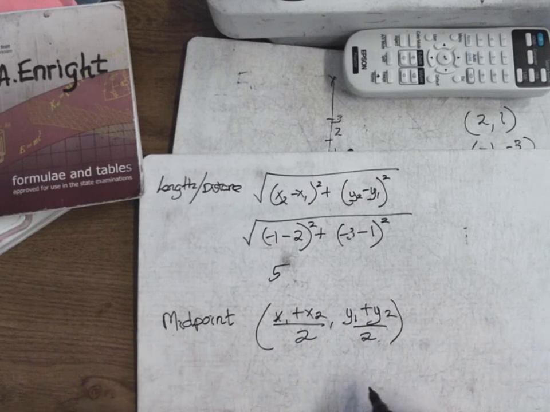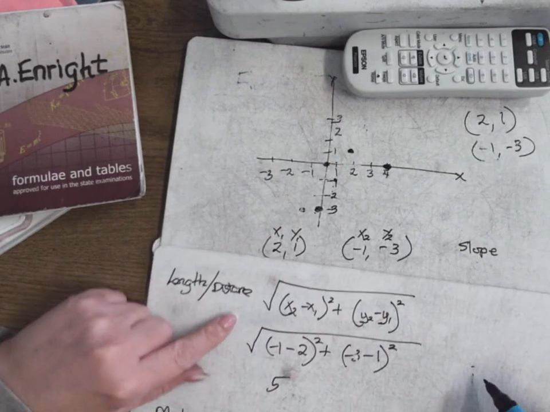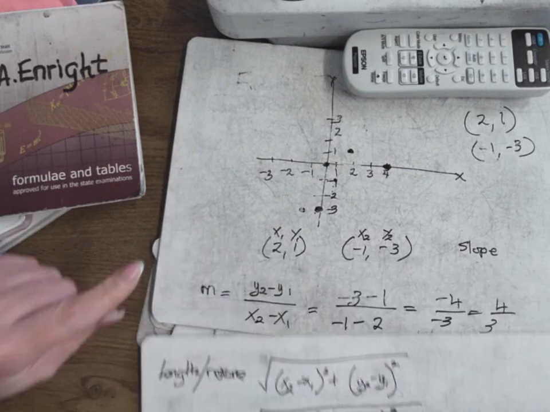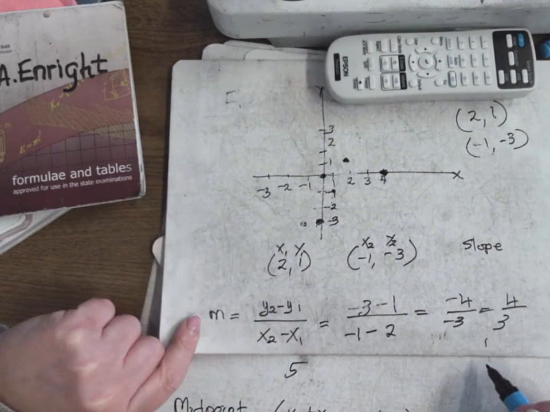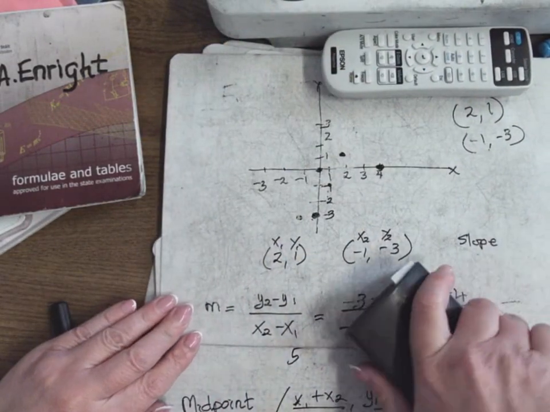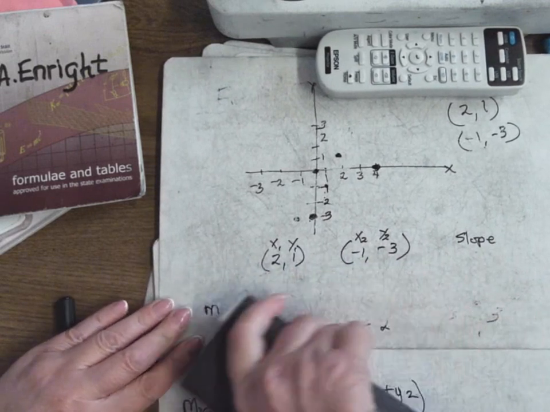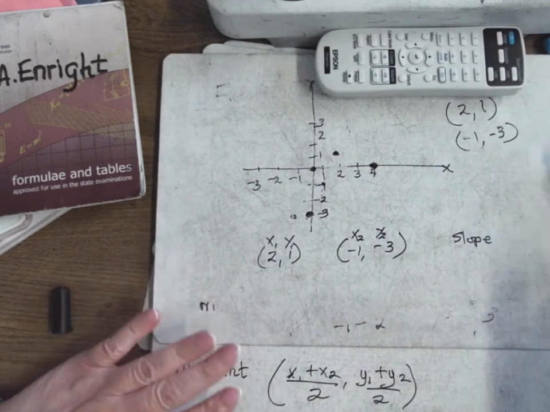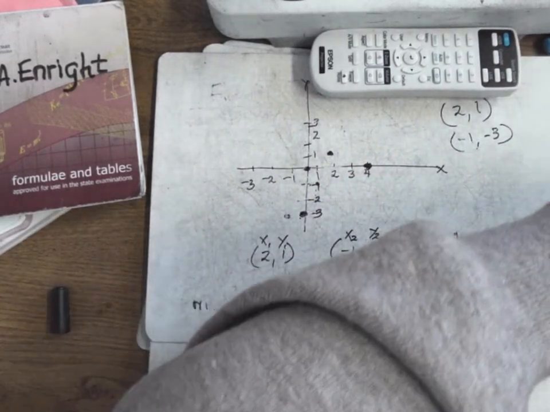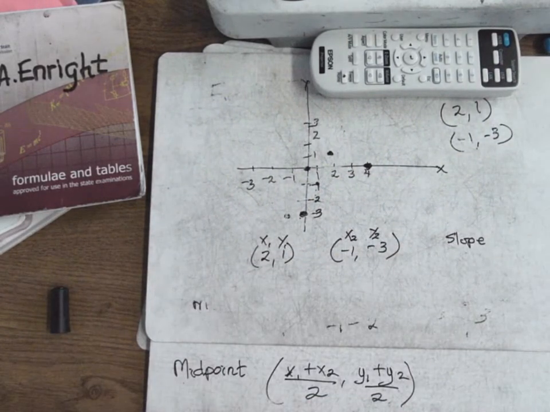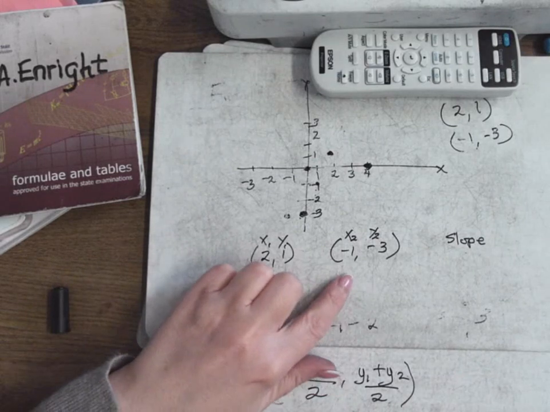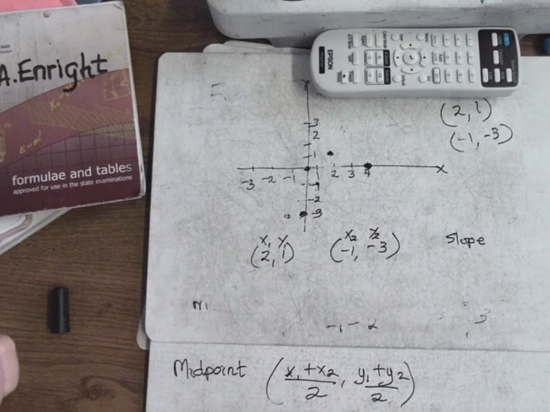Is that okay? So same points again. So x1 is 2, then it's plus x2 is minus 1, right, all over 2.